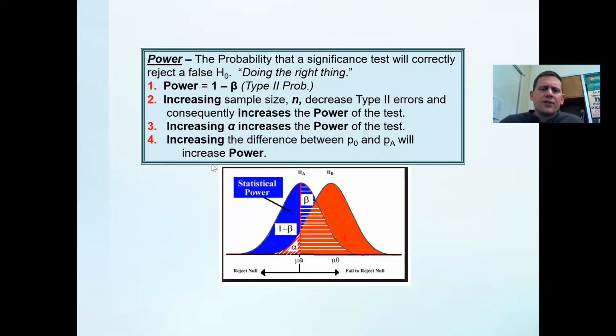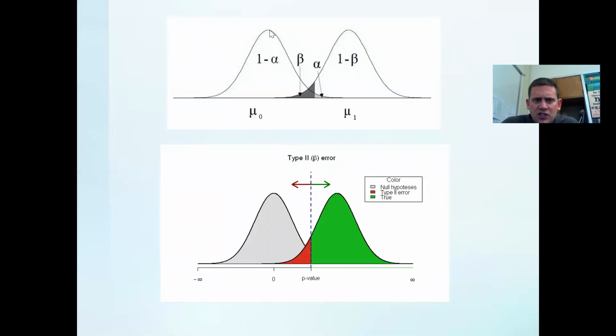Another thing, increasing the difference between p naught and p sub A will increase the power. Whether we're talking about a mean or a proportion, we're dealing with it in a proportion sense here. We could also talk about it as a mean. If I change the mean here and the mean here, if we slide those further apart, you can also increase the power.